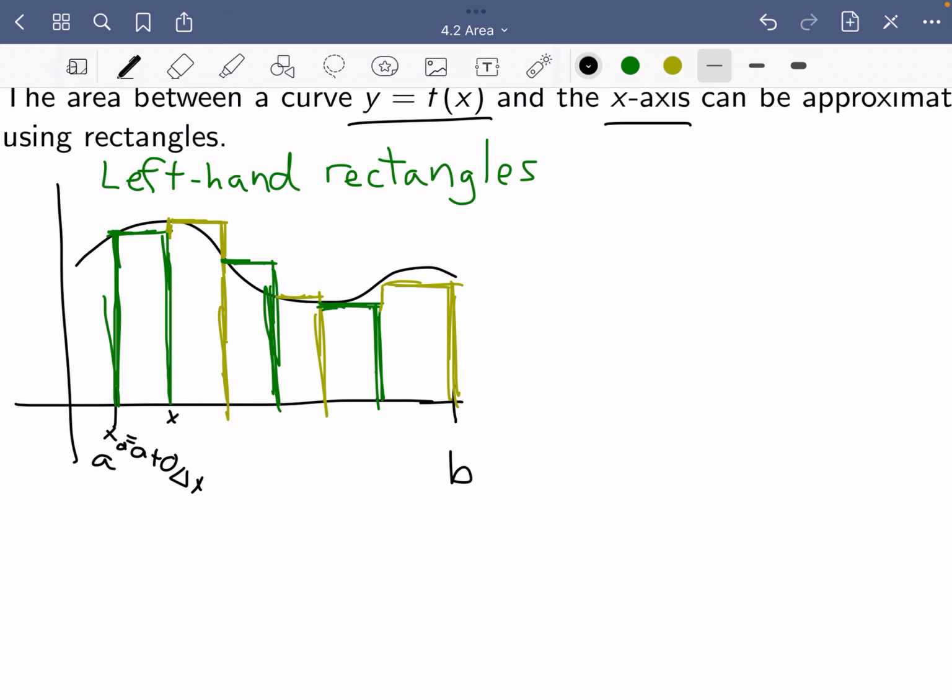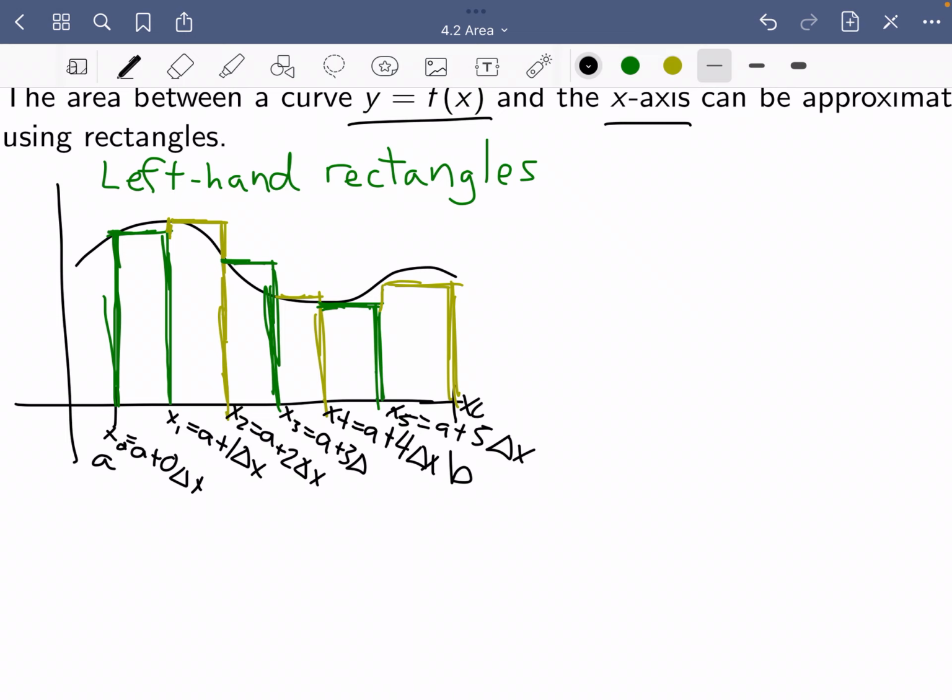This next one, x1, is a plus 1 delta x. x2 is a plus 2 delta x. x3 is a plus 3 delta x. x4 is a plus 4 delta x. x5 is a plus 5 delta x.